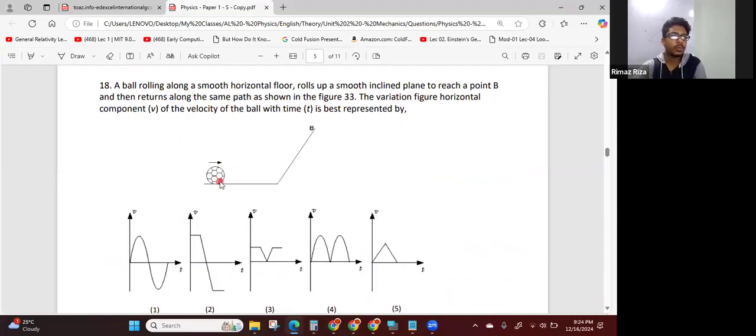A ball rolling along a smooth horizontal floor rolls up a smooth inclined plane to reach a point B and then returns along the same path, as shown in figure 33.